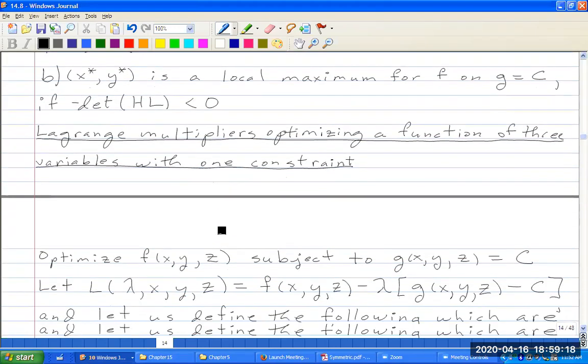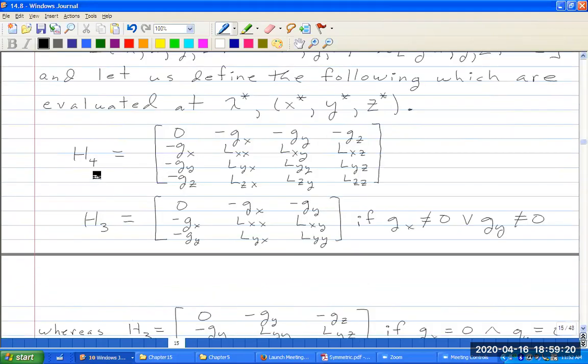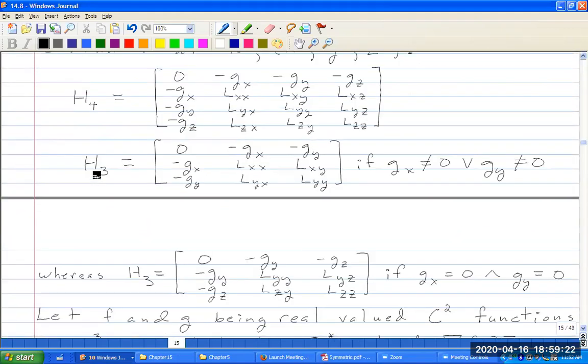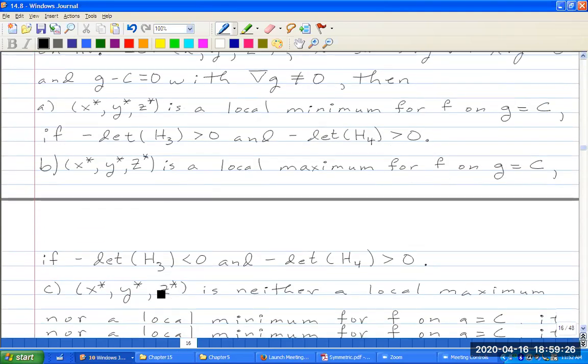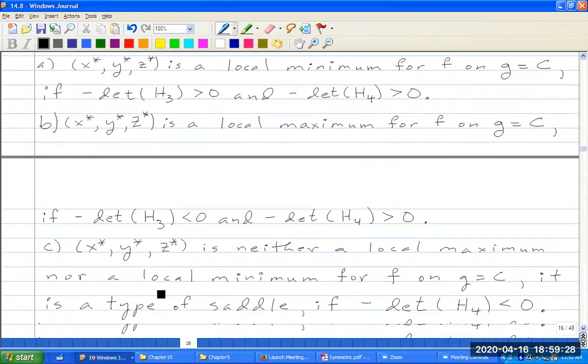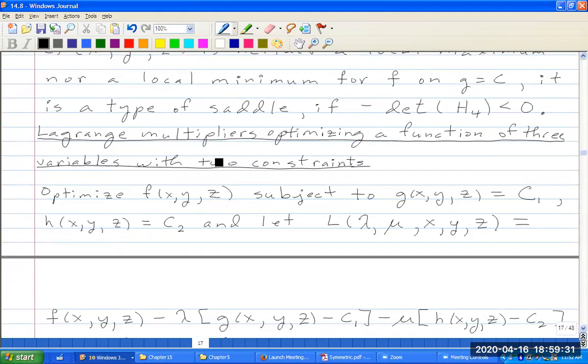So if you look here, I have 3 and 4, so I have these 2 conditions I have to look at. Whereas here, I have 3 variables, 2 constraints. 3 minus 2 is 1.